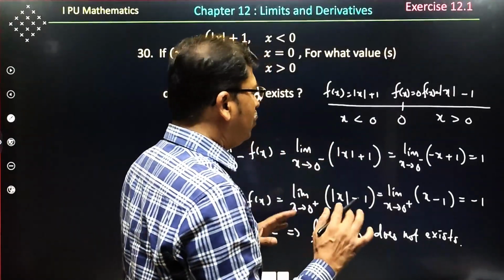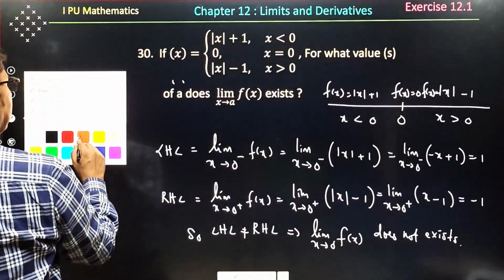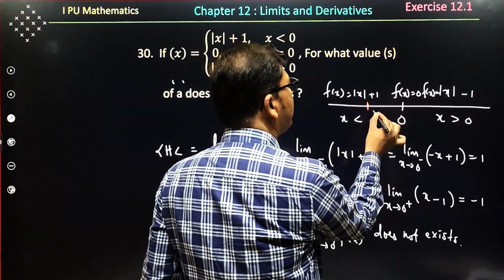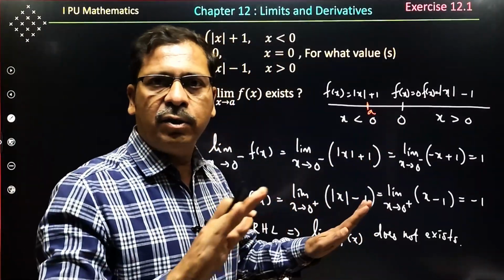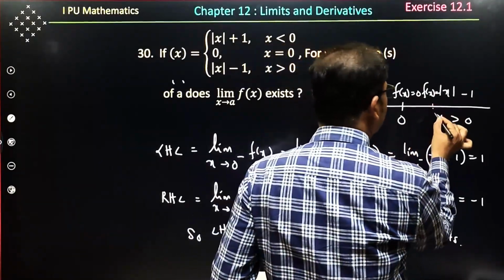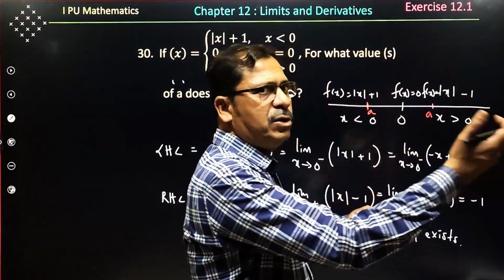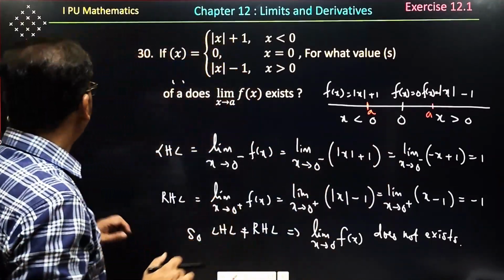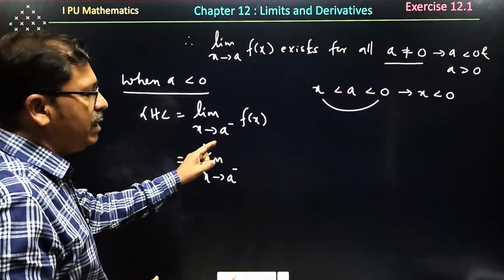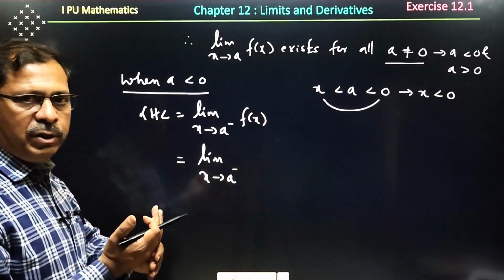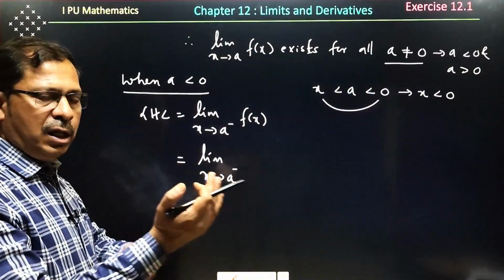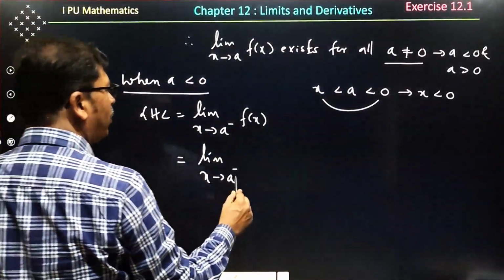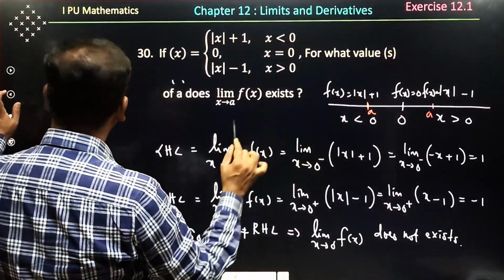See, you don't get confused, you have taken a where? When x is less than 0, in this part, not exactly equal to 0. We have to check here and check here, anywhere else, on this side of 0 and that side of 0. So if you take this side of 0, when x tends to a minus, where that a is there, left side of that 0, when a is in the left side of 0, the function is defined by f(x) is equal to mod x plus 1 here.